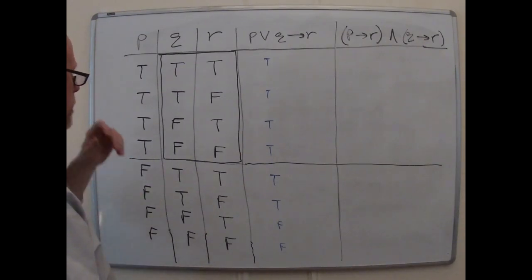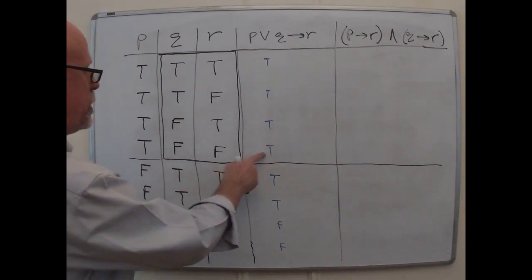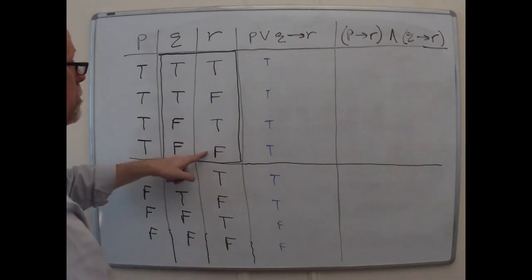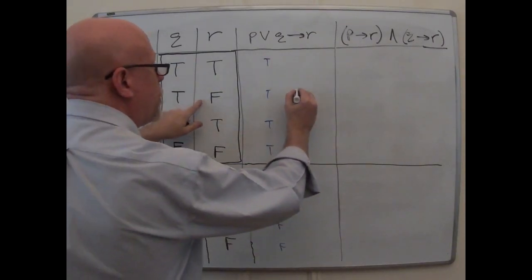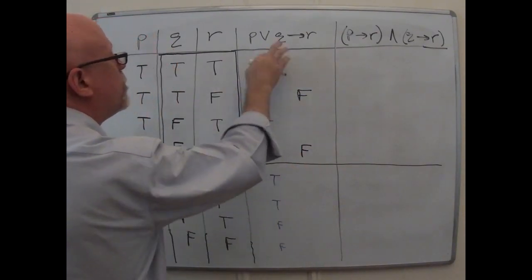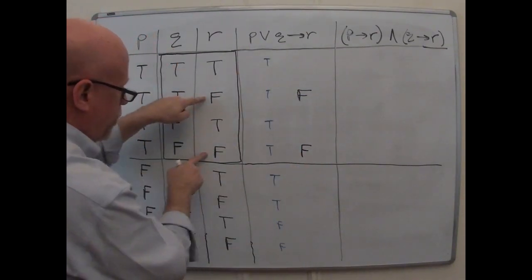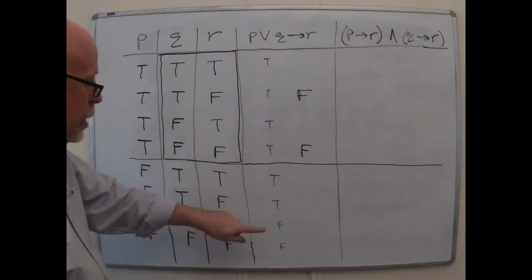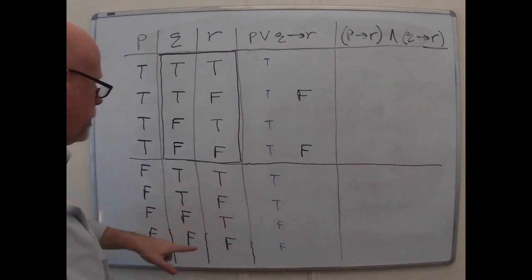Where is that going to be false? It's when one of these blue letters is true, but the column for R has a false in it. So here's a couple of places where it's false. False here and false here. We got true for the P or Q. We got false for R. You know what? How about any of these down here?